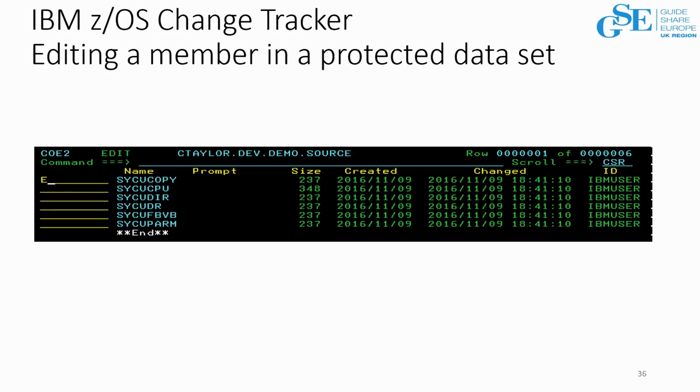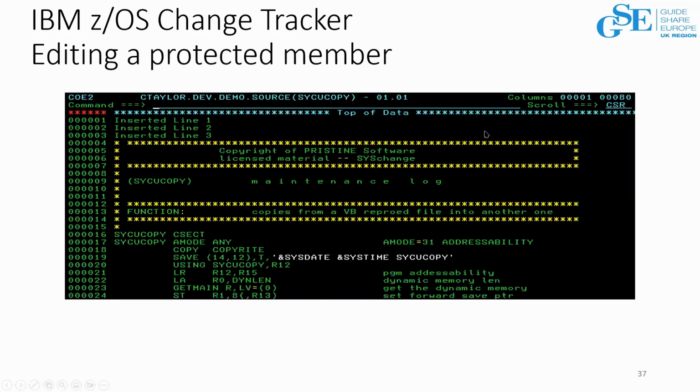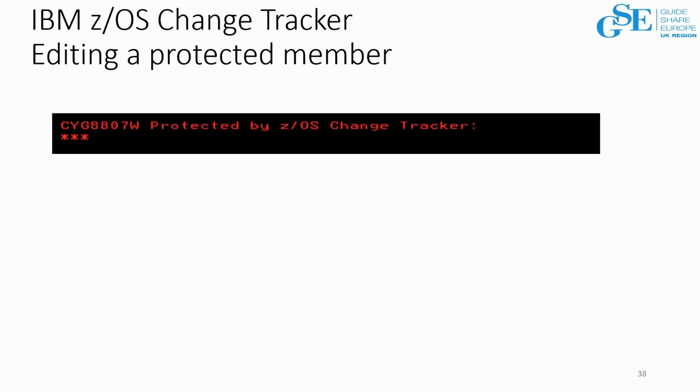Now, going back to using an ISPF editor here to show what the effect is, what it looks like if you try to perform functions against a data set that, in this case, is a protected data set. Now, I'm going to edit a member, and I'm going to insert 3 lines at the top of this member. When I save the member, I'm going to get notification that Change Tracker is protecting this data set, and that it's noted that a change has been made.